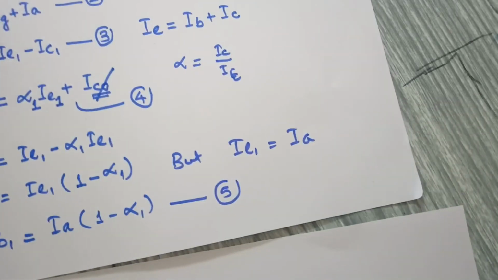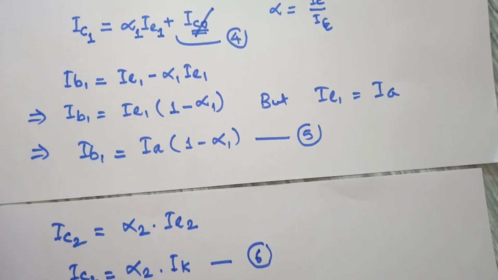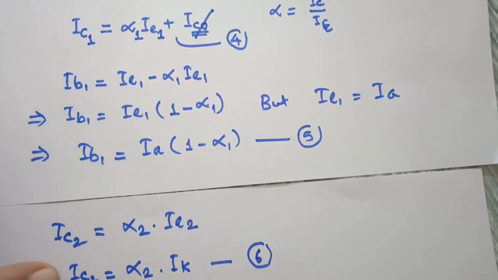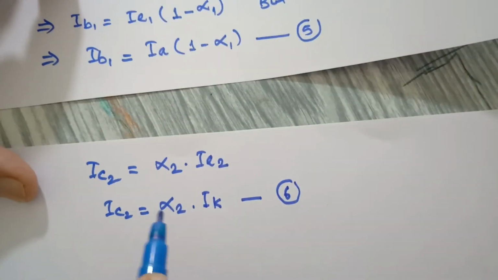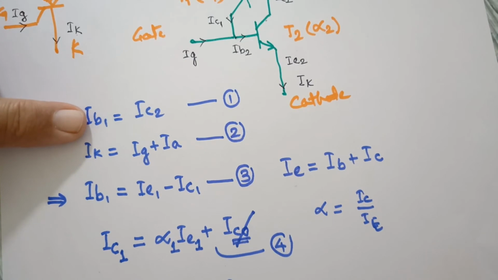Now equation 5 is for IB1 and equation 6 is for IC2. So use this value of IB1 and IC2 in equation number 1, and what we get is that on the left hand side IB1 equals IC2.